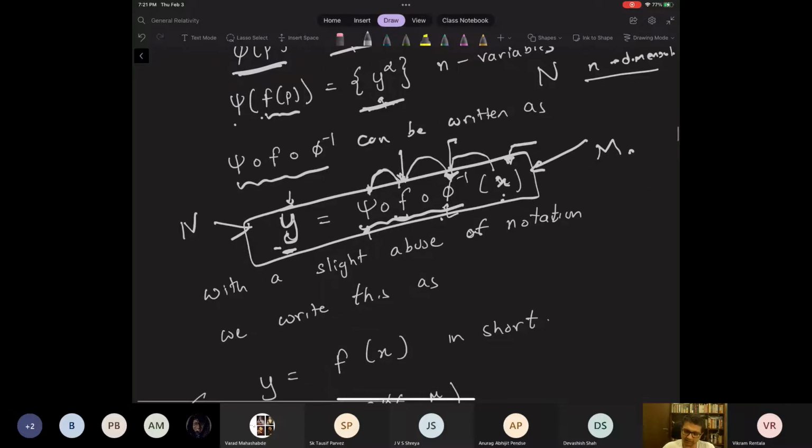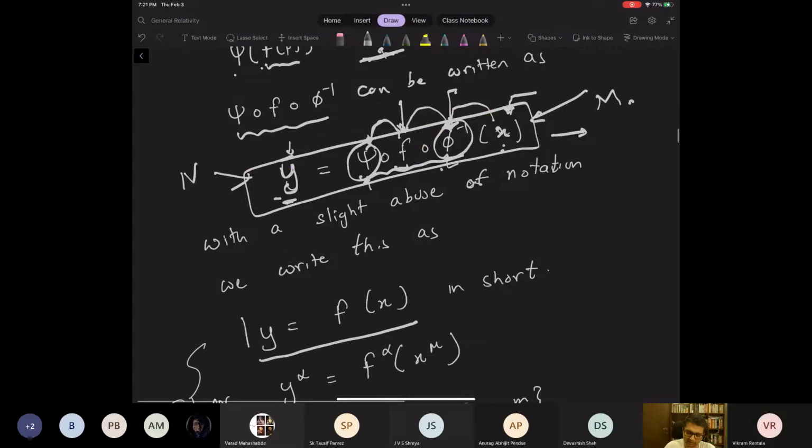Now, with a slight abuse of notation, assuming that we know which coordinate patch we're talking about, in shorthand we can write this as y is equal to f of x.